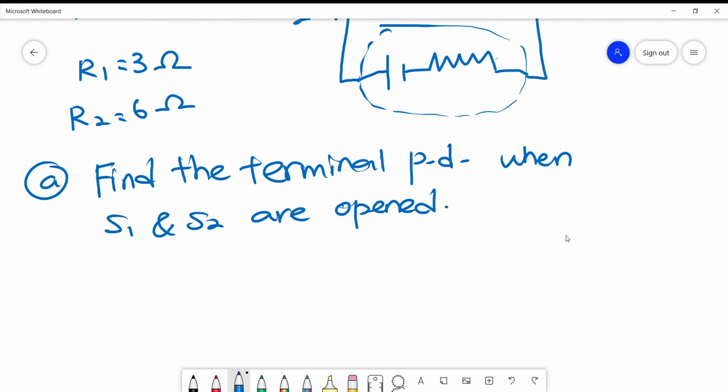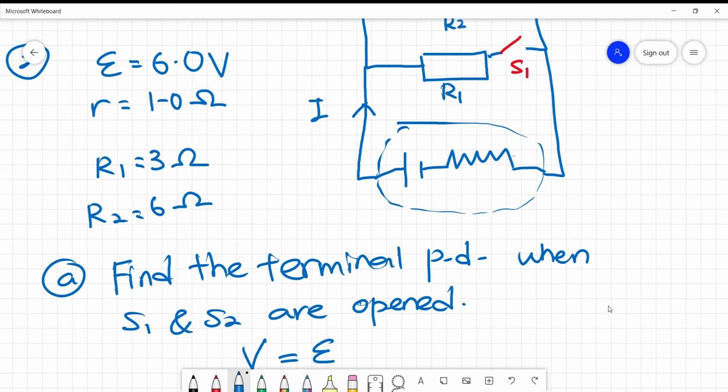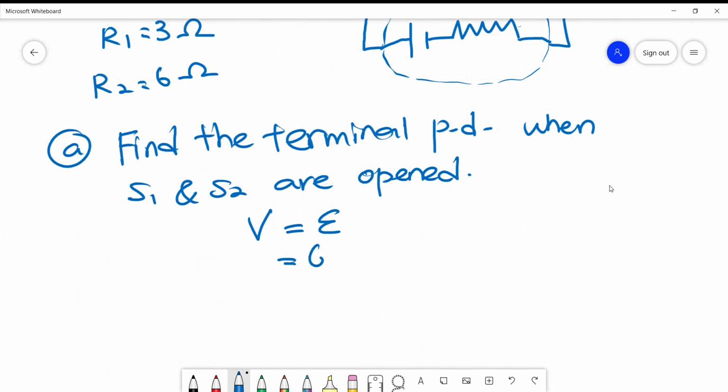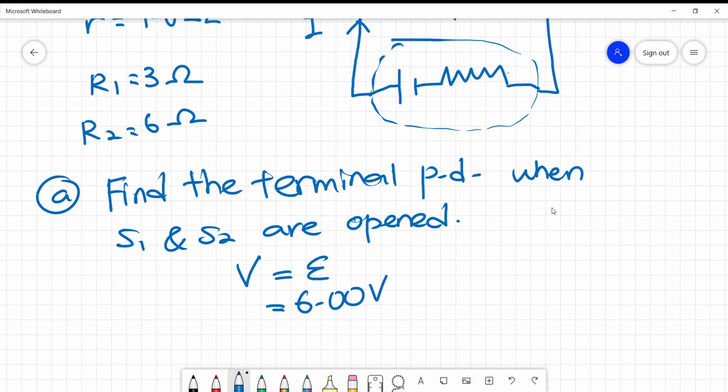Hence the terminal potential difference equals the electromotive force. The electromotive force is 6 volts. This is how we determine the terminal potential difference when both switches are open.